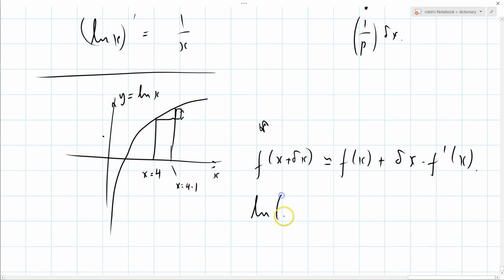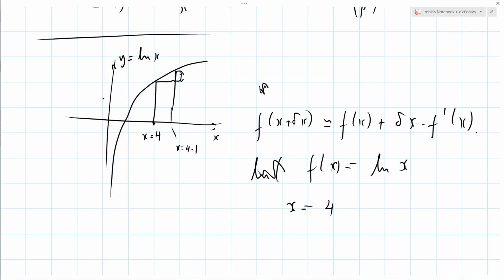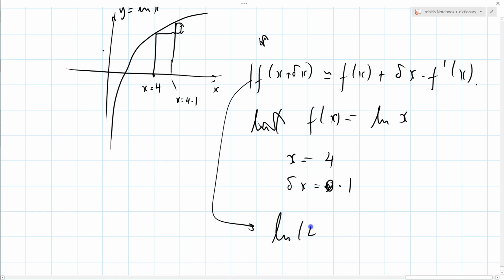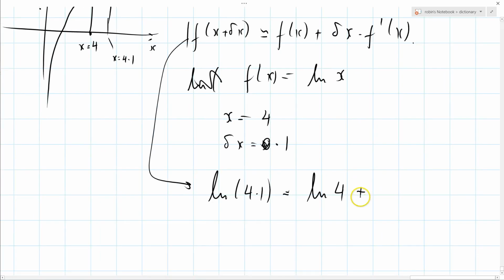So I'm saying f of x equals log x. I'm going to say x equals 4, because that's this value here, and delta x equals 0.1. And so when I substitute these values into this equation, I get log of 4.1 equals log 4 plus delta x, which is 0.1, times 1/4, plus a small error.